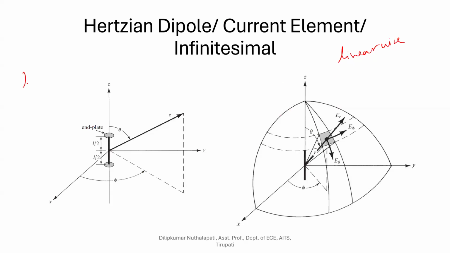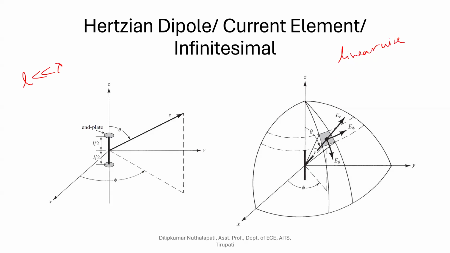In terms of wavelength, it is much less than the wavelength. It is denoted as L much less than lambda. The current element is positioned here.